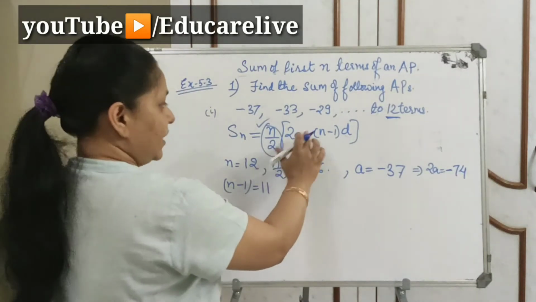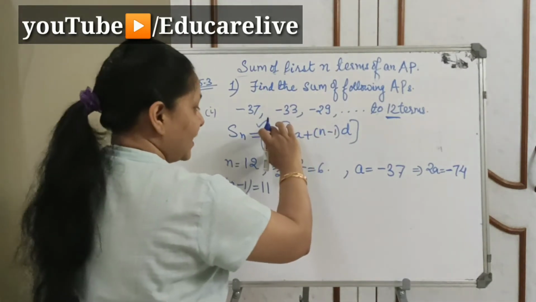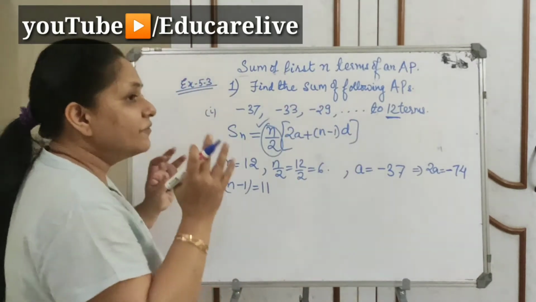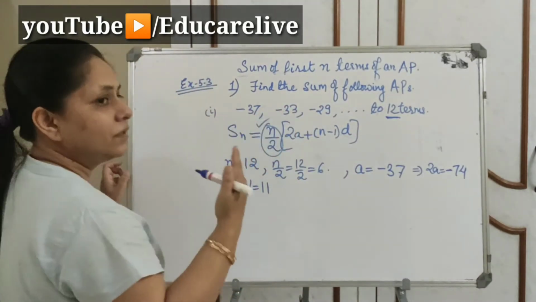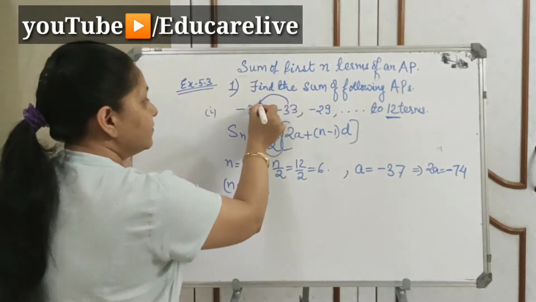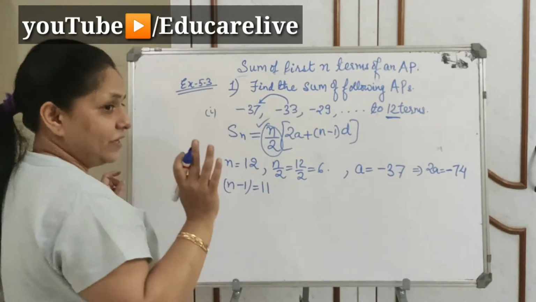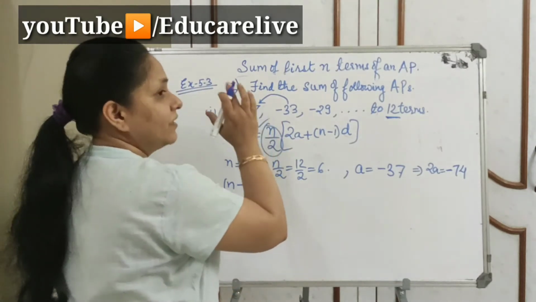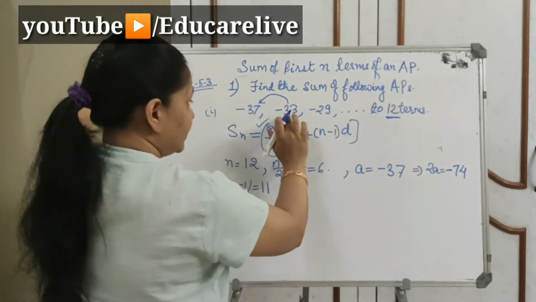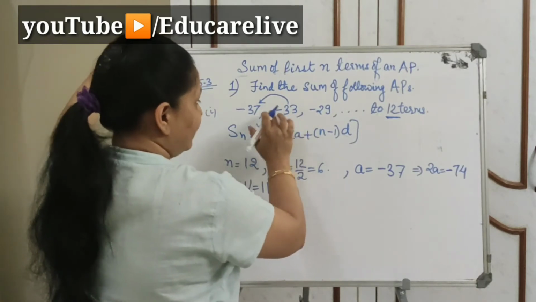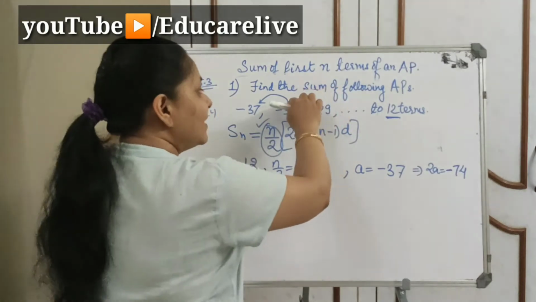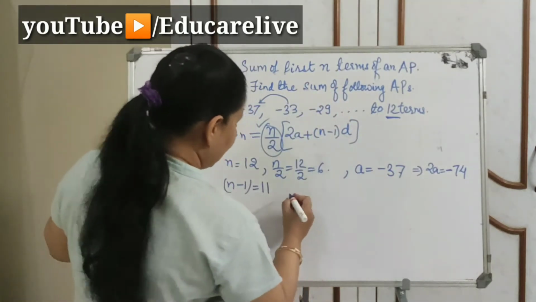So you know 2A, you know n minus 1, you know n by 2. Now what you need to know is D. D is the difference between the terms. Whenever we have to find the common difference, we subtract the first term from the second term, or you can do third term minus second term, and likewise.